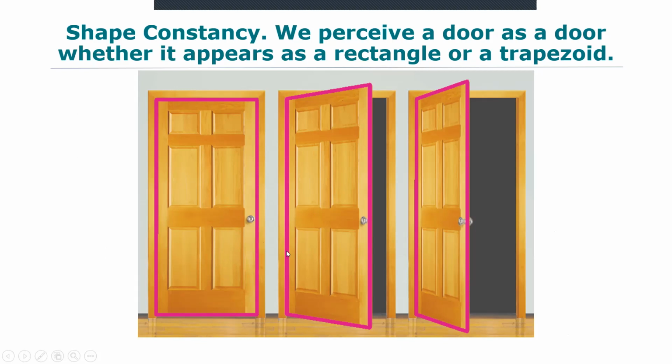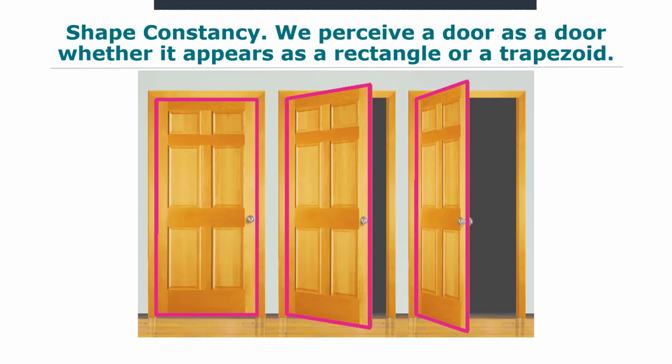But if you're looking at it from some kind of angle, like when the door's opening, this pink shape is called a trapezoid. It's not a rectangle, but you still see the door as a rectangle. The image that's hitting your retina is not a rectangle anymore. It is a trapezoid. But if I asked you what shape it is, you would say rectangle.